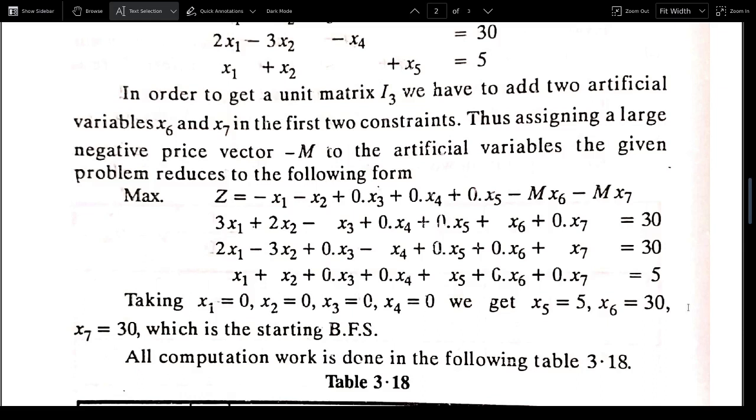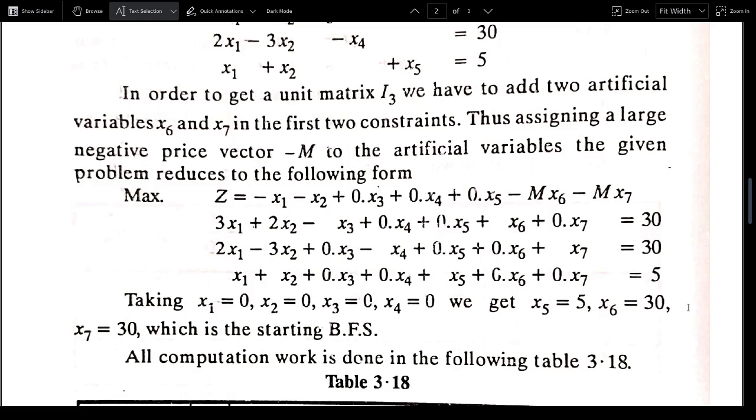For getting the identity matrix, right? So here we use two artificial variables, x6 and x7, in the first two constraints, and a large negative price factor, minus M, for the artificial variables.